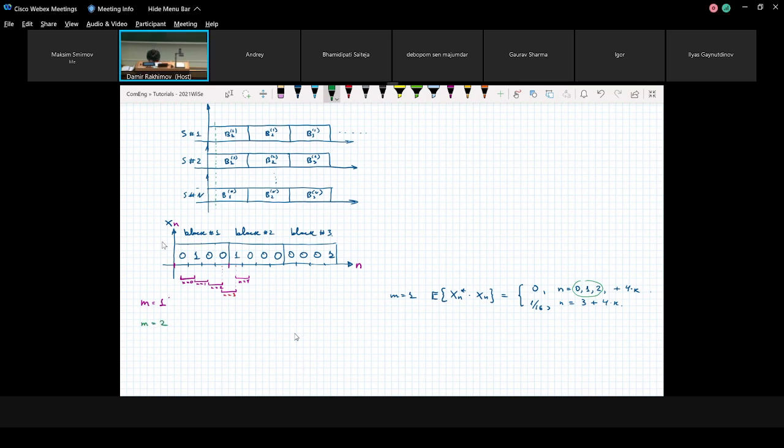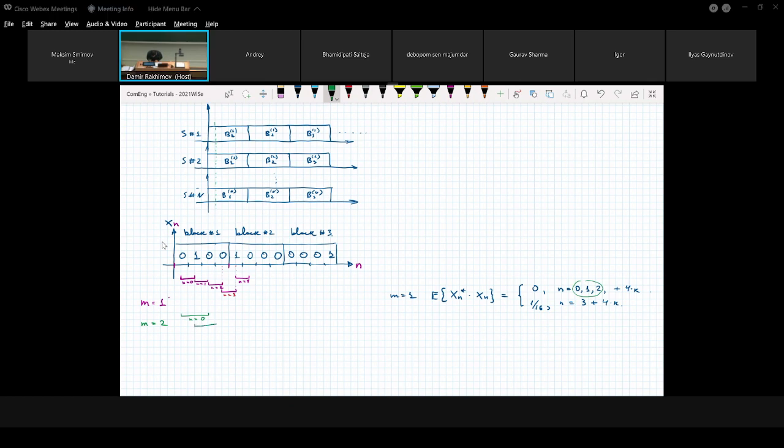M equals 2. So what do we do? If we take n equals 0, we analyze the first sample and sample number 3. Sorry, 3. And again, what will be the autocorrelation? 0. Okay, then we make a shift.